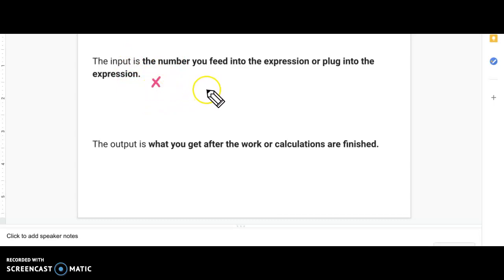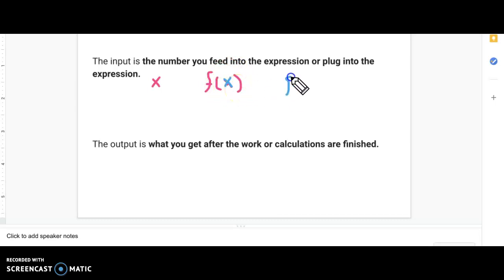Whenever you see it written with the f and then the parentheses and the x like this, whatever the number is right inside of here, let me make that a different color so that way you know. So this x, whatever the number is right here, this is your input.